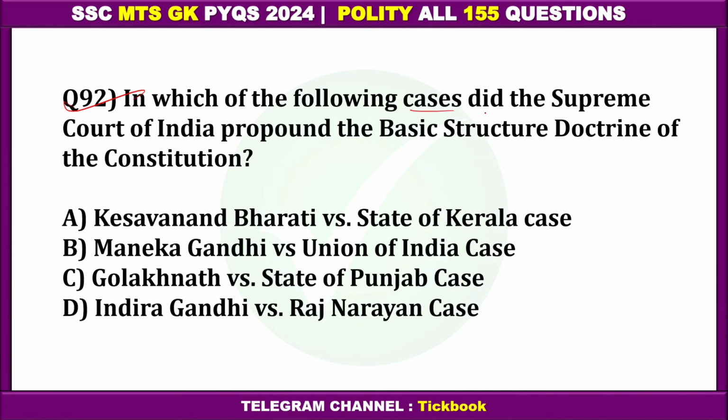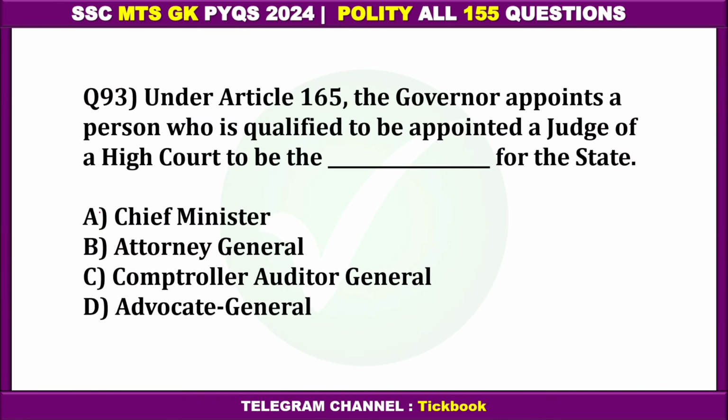In which of the following cases did the Supreme Court of India propound the basic structure doctrine of the Constitution? Number A, Kesavananda Bharati versus State of Kerala case. 93. Under Article 165, the governor appoints a person who is qualified to be appointed as a judge of a High Court to be the dash for the state.